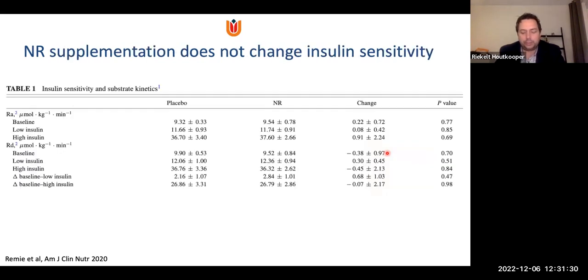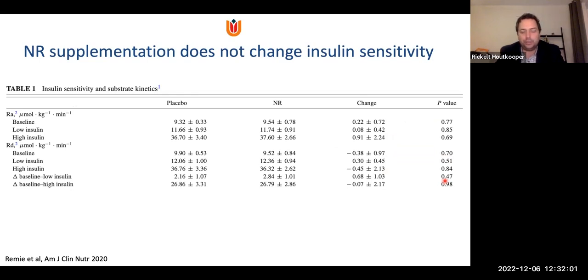Still, we do think that NAD goes in. We do think that there is metabolism of NAD in these individuals that are taking it. But if we look at insulin sensitivity, substrate, these kind of parameters of whole body glucose homeostasis, we don't see any significant changes in the rate of appearance or disappearance of the glucose in a clamp, for instance.